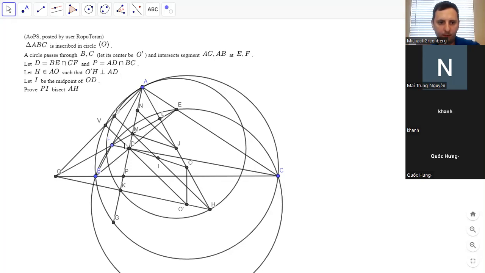Okay, basically I just wonder, if you drop this perpendicular, so HM intersects AQ at U, right? How do we know that? Okay, because angle AUH and angle AKH are 90, so we know AUKH is cyclic.